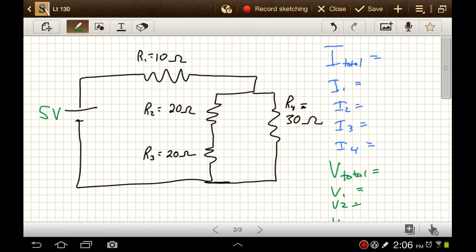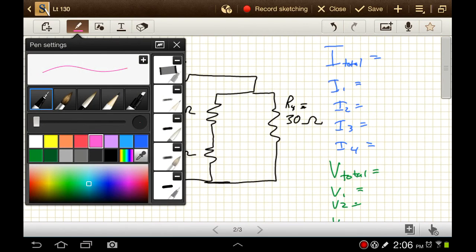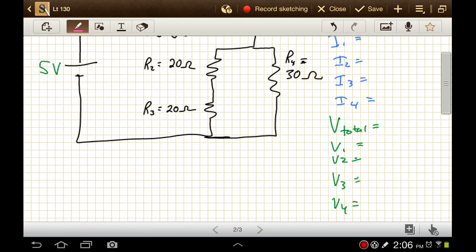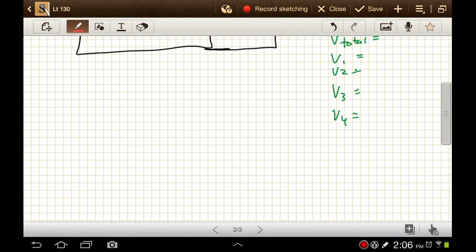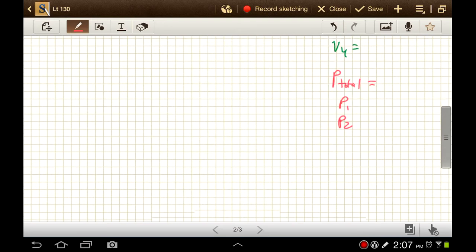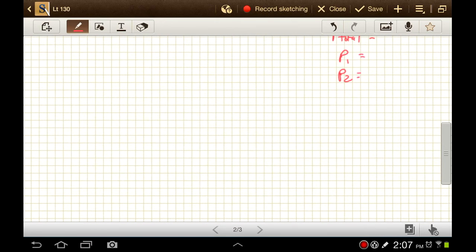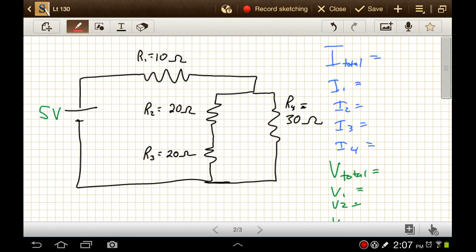Okay, and then we'll do red for power. Pink's a little tough to see. Okay, total power, and then P1, and P2, and P3, and P4. Okay, lots of things that we're going to be solving for here.